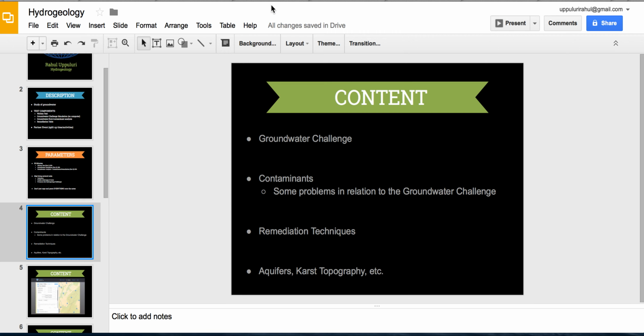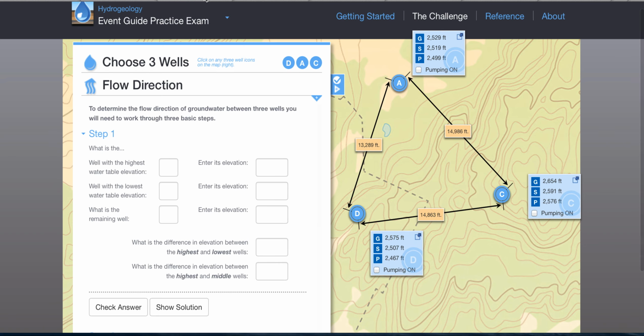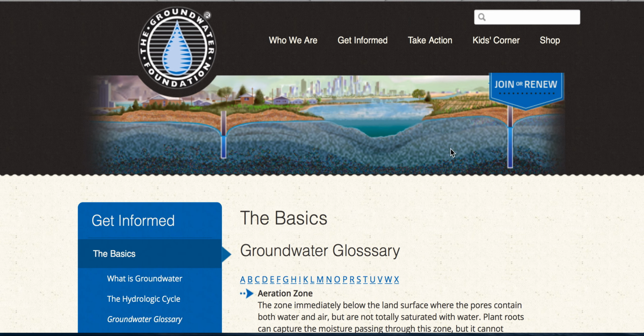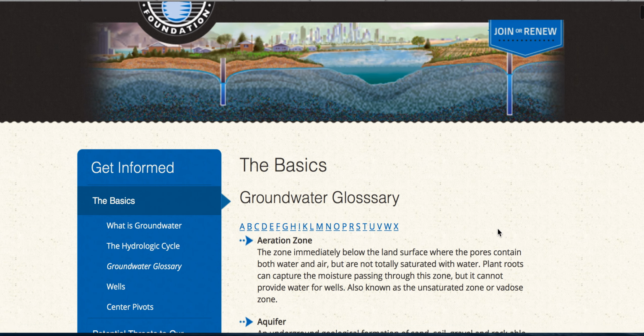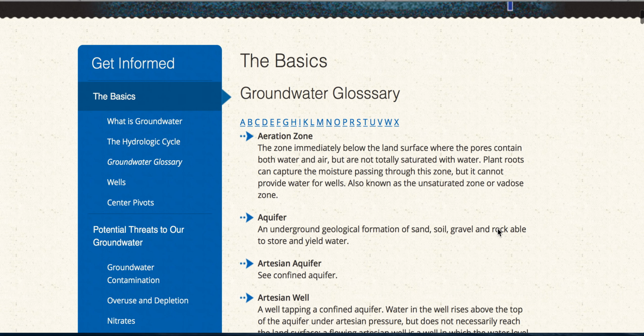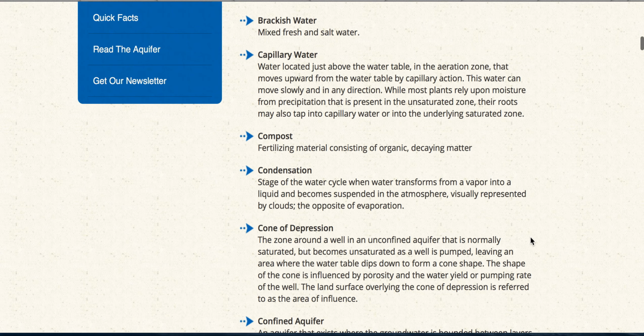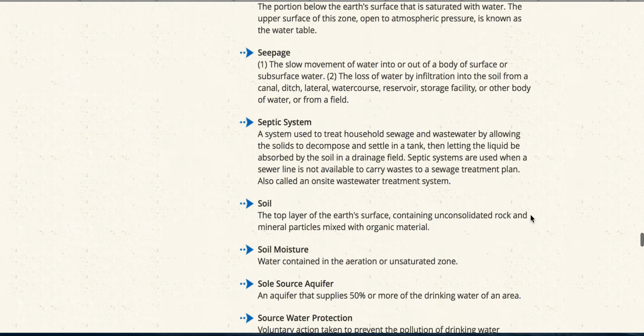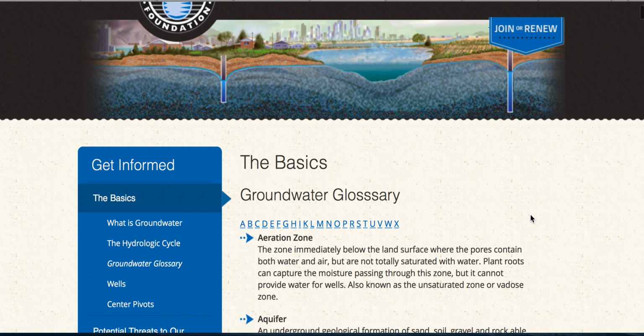What's pretty good is groundwater.org, which is the website that has the Hydrogeology Challenge, and they have a pretty good glossary of a bunch of different words that are really important to understanding hydrogeology.